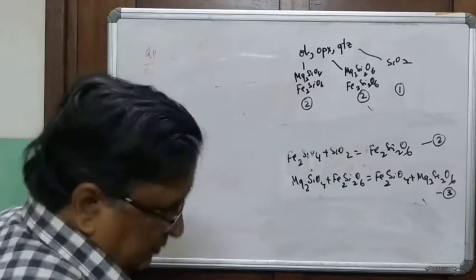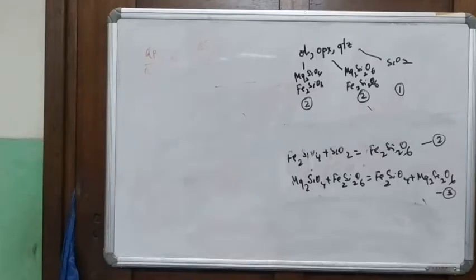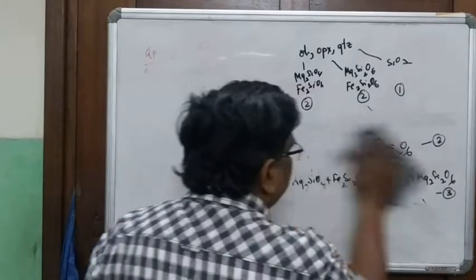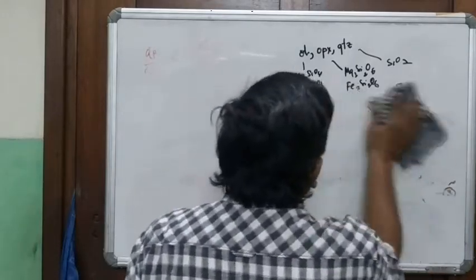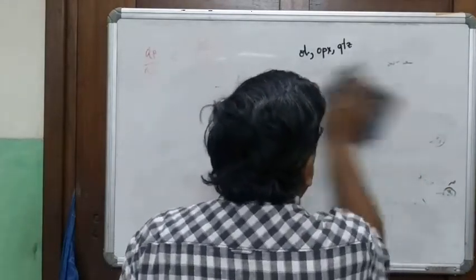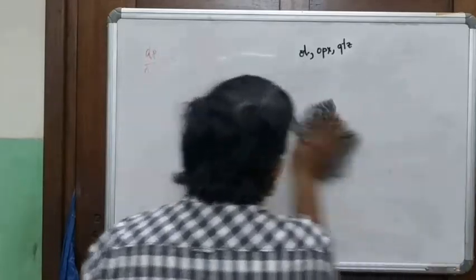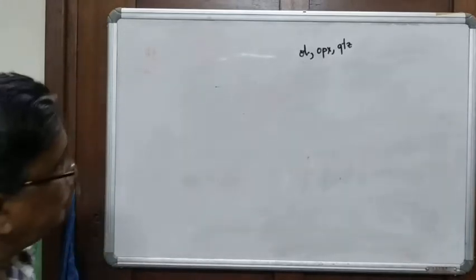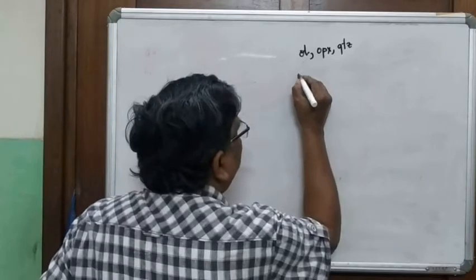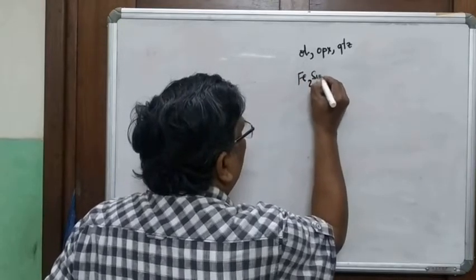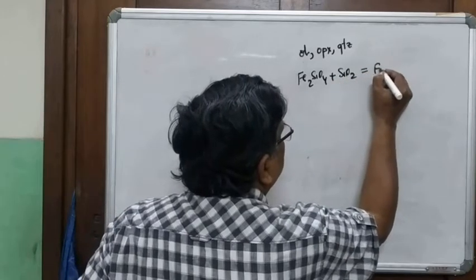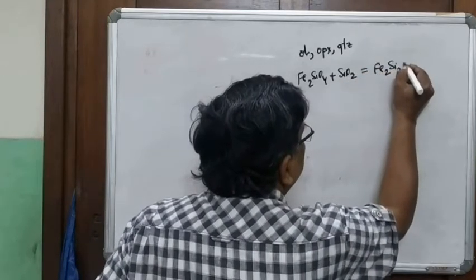So now, I will just rewrite these two equations once again, 2 and 3, right? So what was 2? Fe2SiO4 plus SiO2 is equal to Fe2Si2O6.